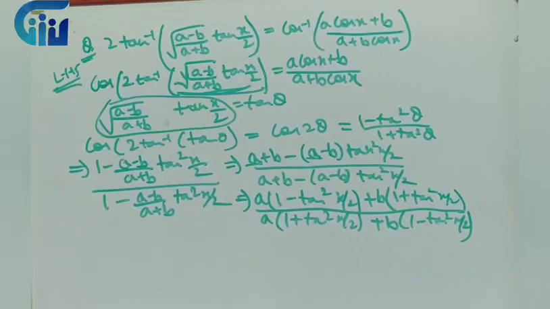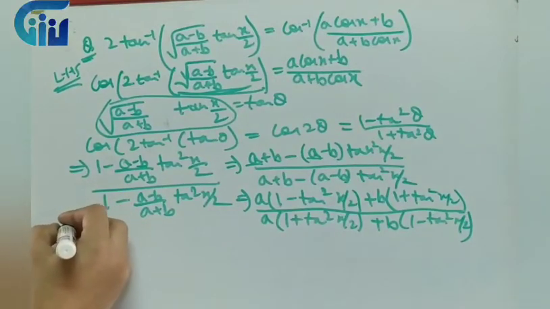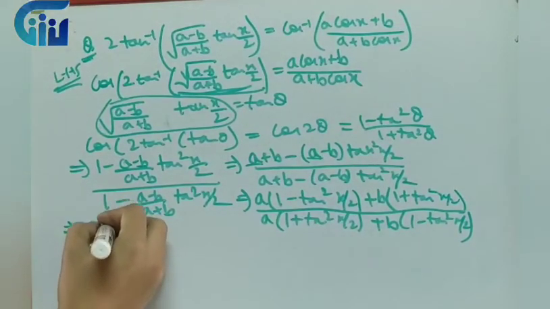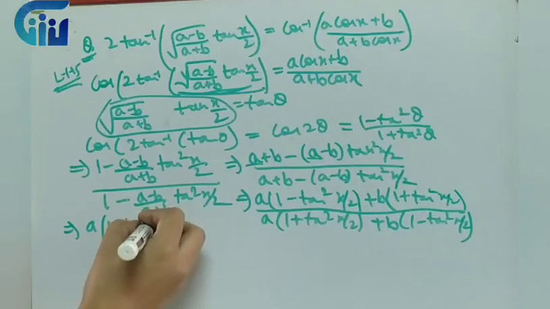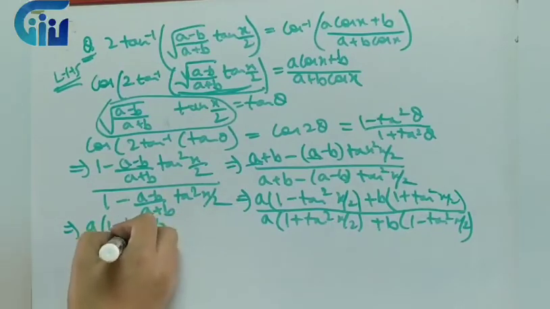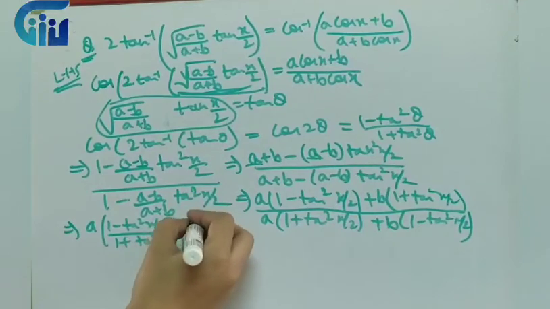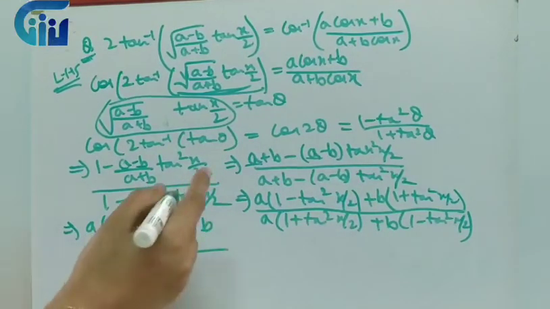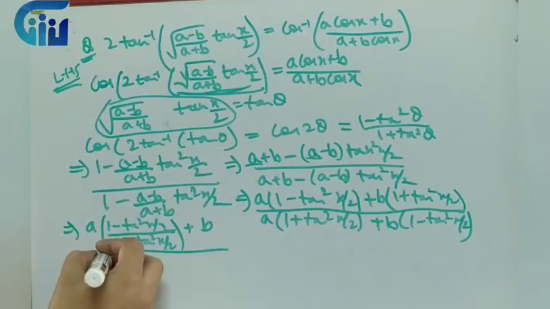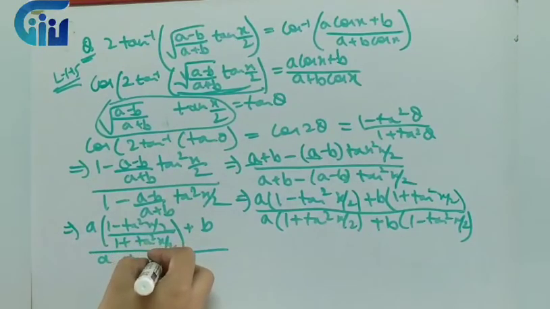So now I know my tan theta is here, so I can put back the value. So I'll write it as 1 minus the square of this whole expression, right? So it will be (a minus b) upon (a plus b) times tan square x by 2, and this is 1 plus (a minus b) upon (a plus b) tan square x by 2.